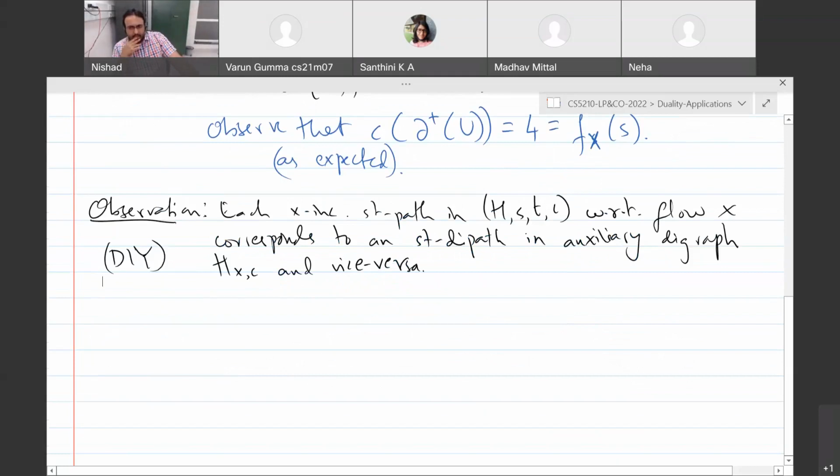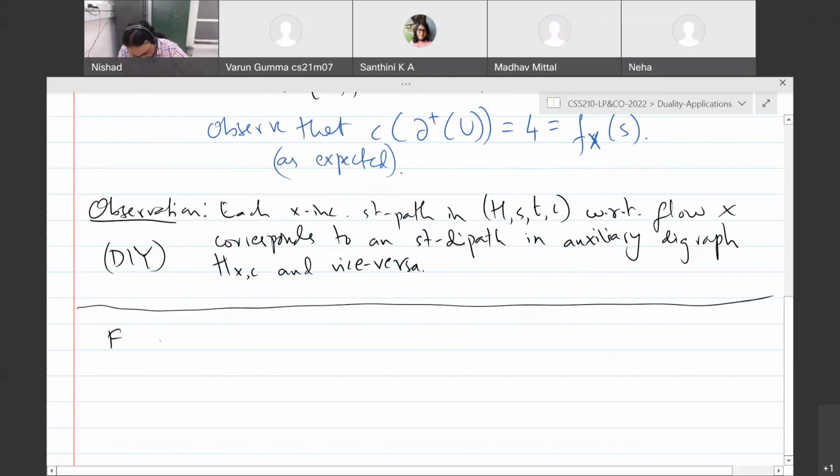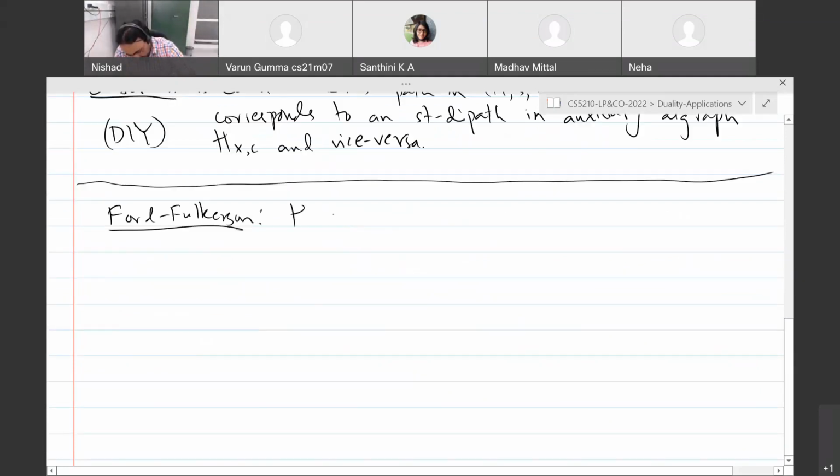All right, so now we can revisit the Ford-Fulkerson algorithm. We are given the instance with digraph, s, t, and capacities c. We start with any flow x.